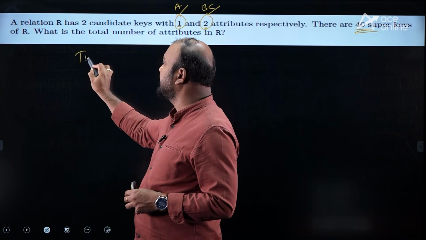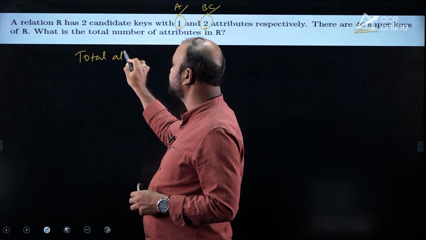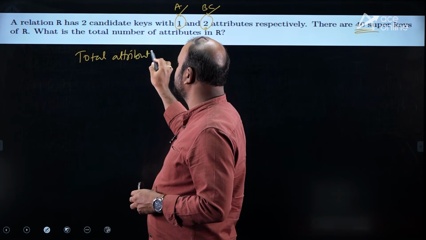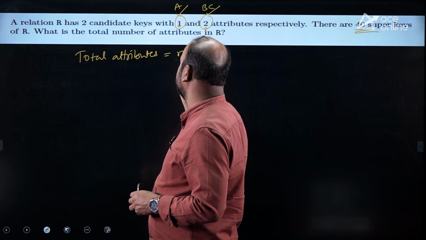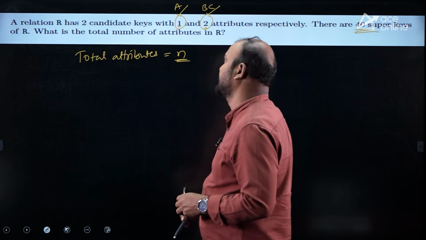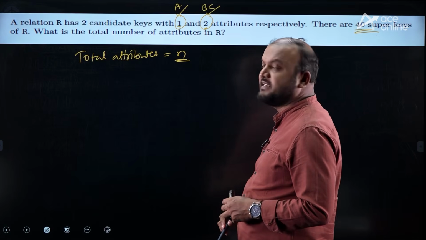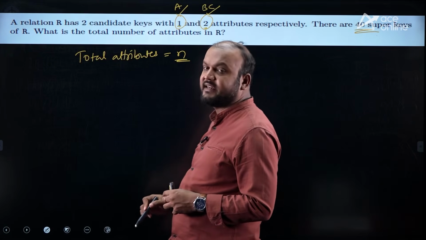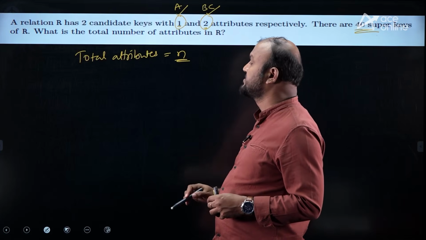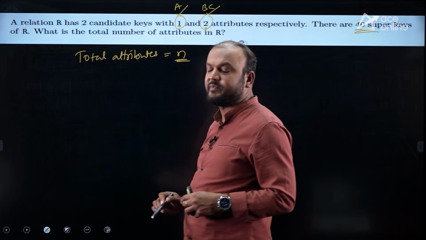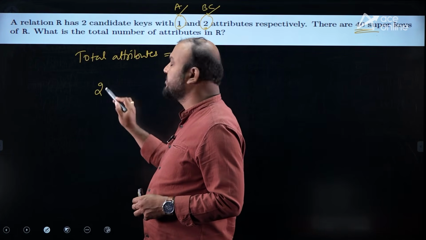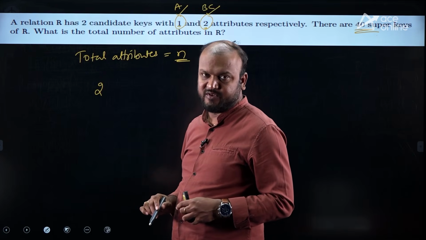Now assuming total attributes are n. So we have to find the n value. Because two candidate keys, one candidate key with one attribute, another candidate key with two attributes, then how do you find the super keys? 2 to the power of the number of non-prime attributes.